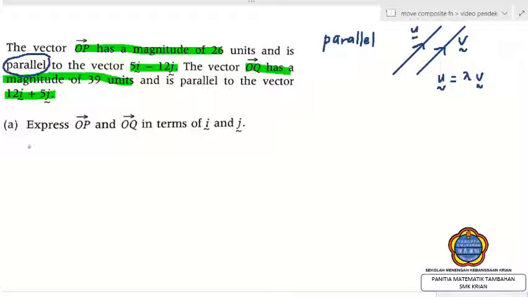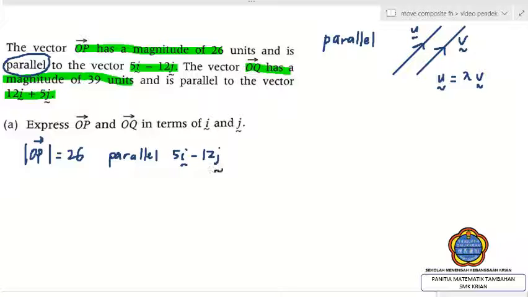OP has a magnitude of 26. We just write down OP magnitude is equal to 26, and OP is parallel to vector 5i minus 12j.